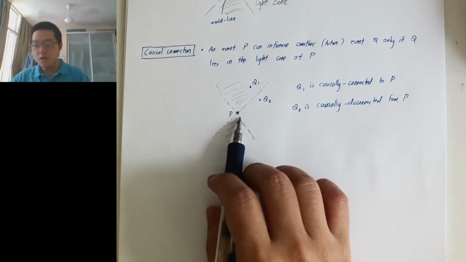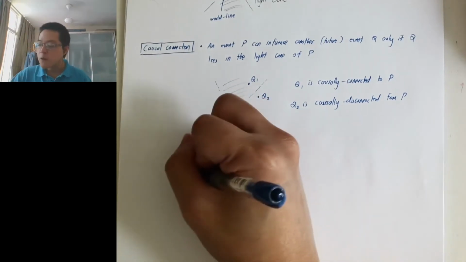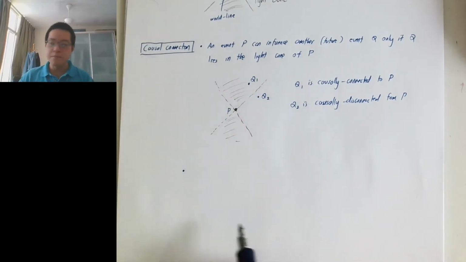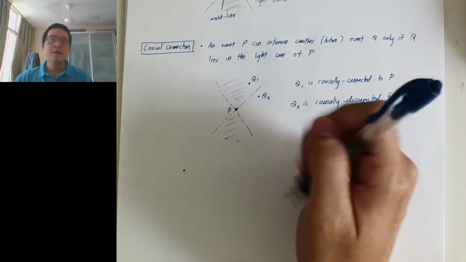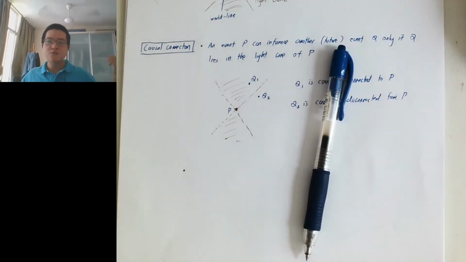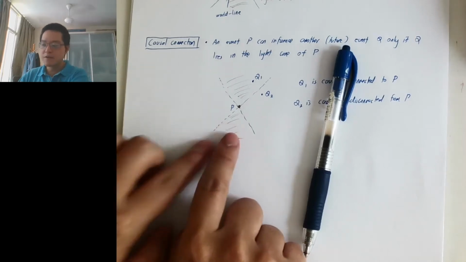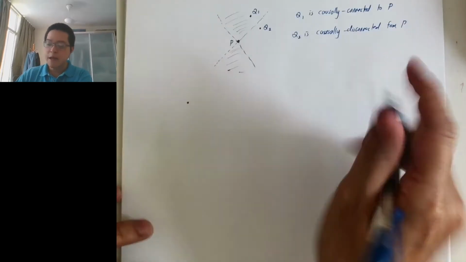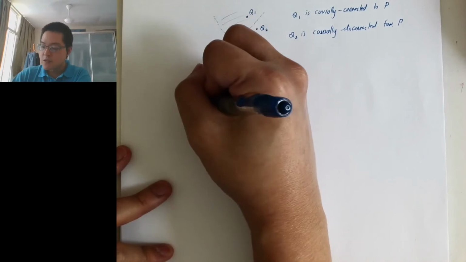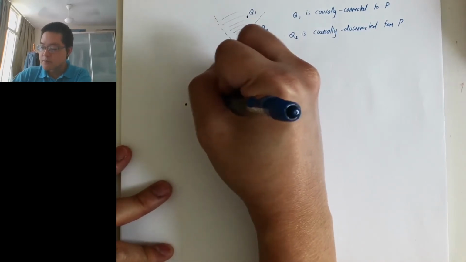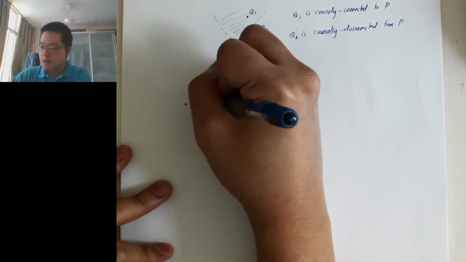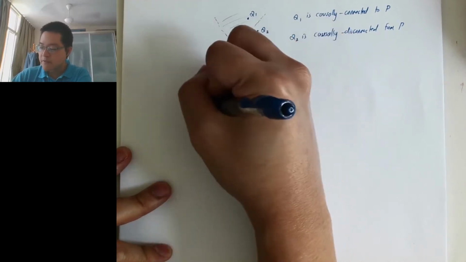We can also talk about the past of P. What are the things that can influence the event P? Things that are happening behind, right? Everything behind P can influence the outcome of P. So now we can talk about a past event. Let's talk about event P first.